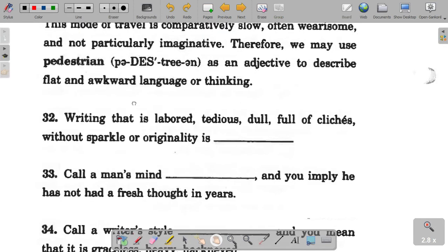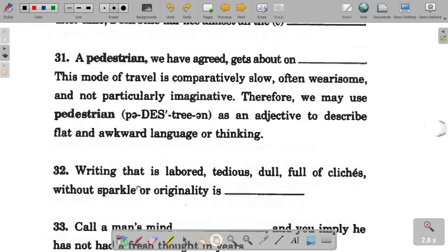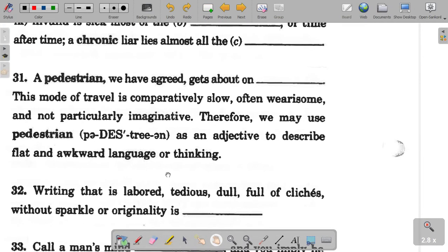So we talked about pedestrian. But pedestrian has two meanings. Now, this is important to learn for the SAT. I know the SAT seems like a distant thing in the future, as it should be, but this is one of those words that comes up on the SAT that a lot of people miss because they know the main meaning of pedestrian, which is someone who travels on foot.